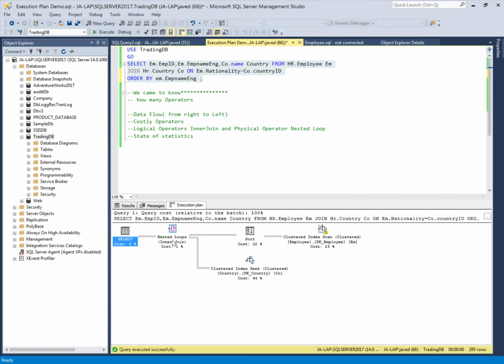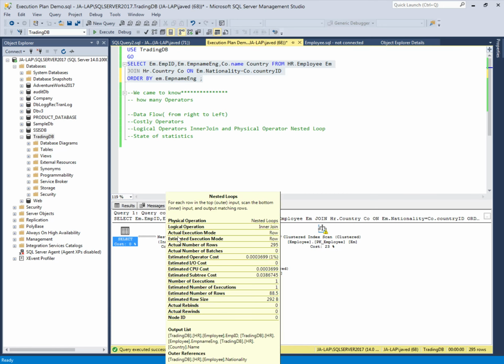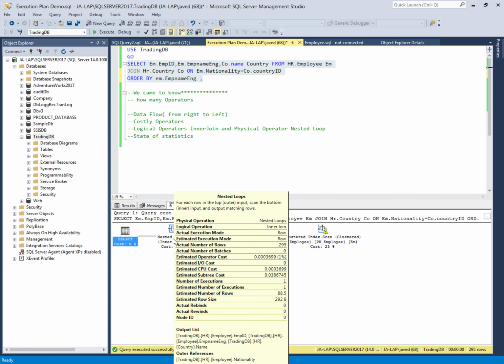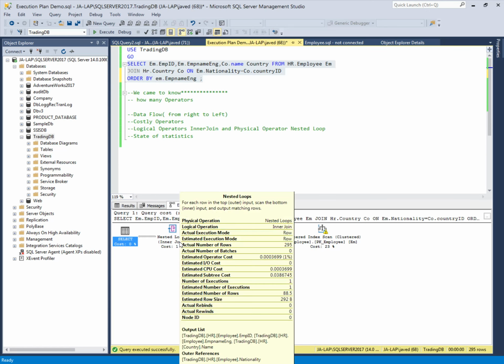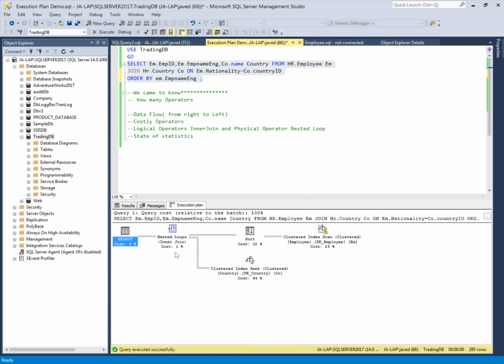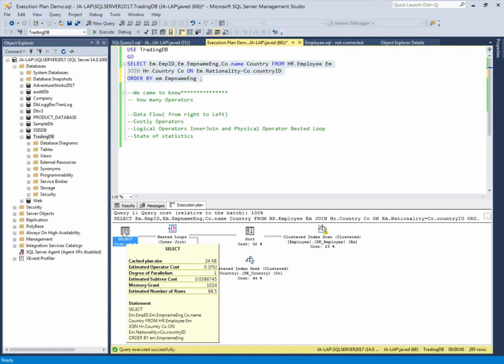If we study this nested loop operator, it shows the physical operation is nested loops, but the logical operation is inner join. In the example of physical and logical operations, I already explained that inner join is a logical operation, and to implement the inner join, SQL Server can use nested loops. This operator's cost is 1%, which is very reasonable, and the last operator is the select operator.